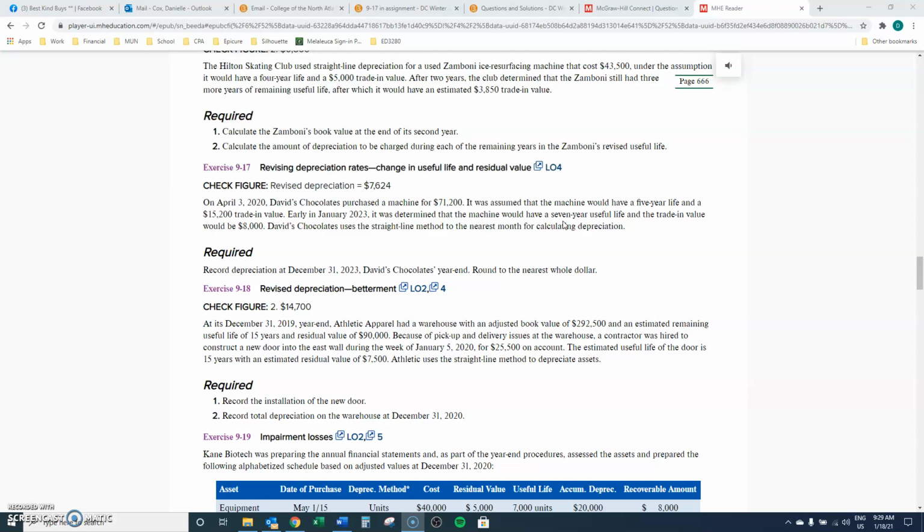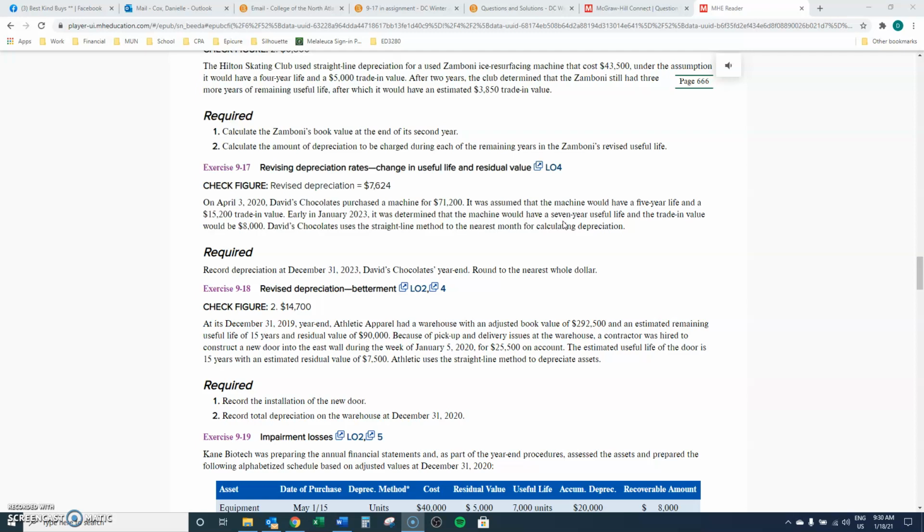So we had it for 2.75 years. The total useful life is 7 years. We subtract how much it's already been used, 2.75 years, which gives us a remaining useful life of 4.25 years. So it's the new amount that's left to be depreciated divided by the remaining useful life.